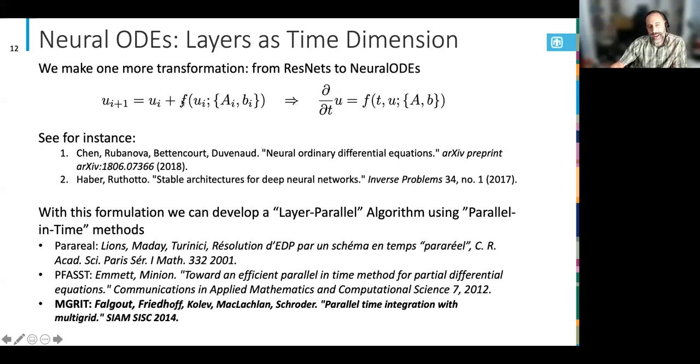The way you do that is by pretending at each layer you've got some little delta t parameter, and you'd recognize this as explicit Euler time discretization, and you transform that by taking delta t to 0. Now your layers are represented by the time value, and you end up solving this ODE for the neural network instead of this algebraic equation.